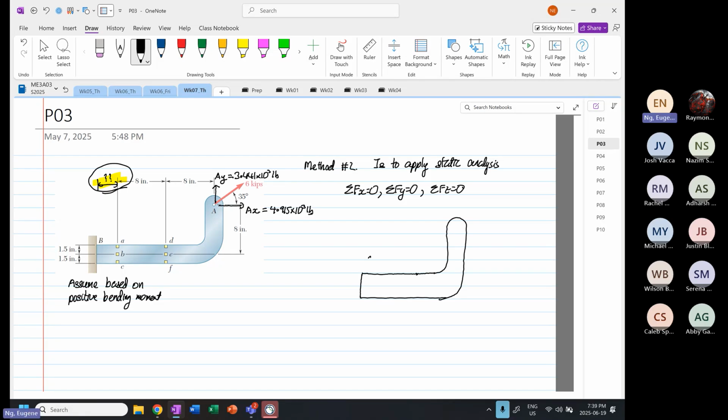Okay, same thing. But now, this is my element A, this is my element B, and this is my element C. So we know that over here, this is our 4.915, and over here, this is our 3.441 times 10 to the power 3 pounds.